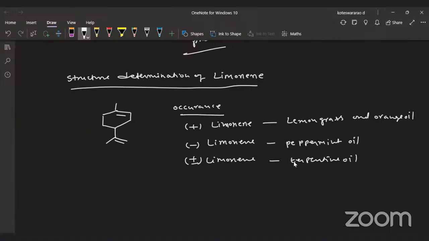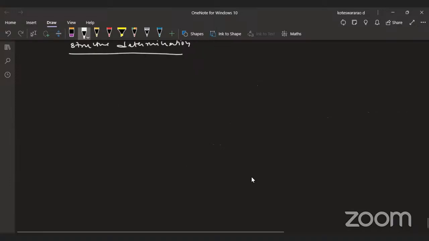Okay. Structure determination. In the structure determination, first coming to the molecular formula: C10H16. It is also optically active.